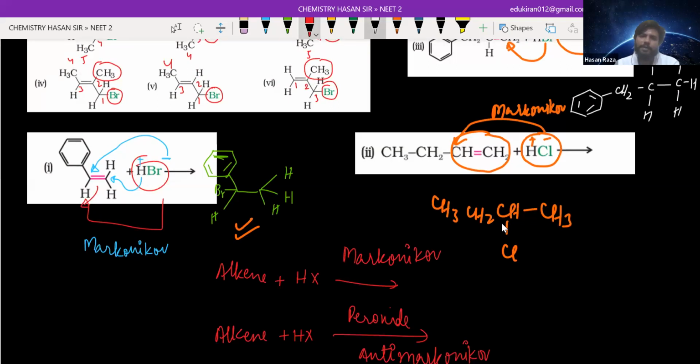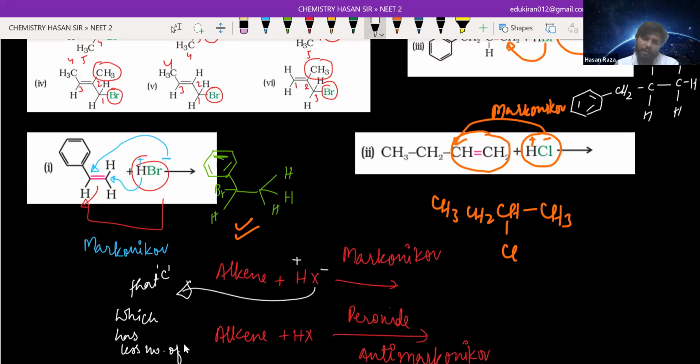In this, this is your negative, more electronegative. This is your positive, less electronegative. The negative will go to that carbon along the double bond which has a lesser number of hydrogen. And the positive goes to that carbon along the double bond which has a greater number of hydrogen.